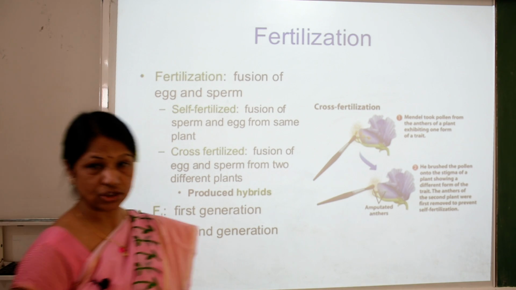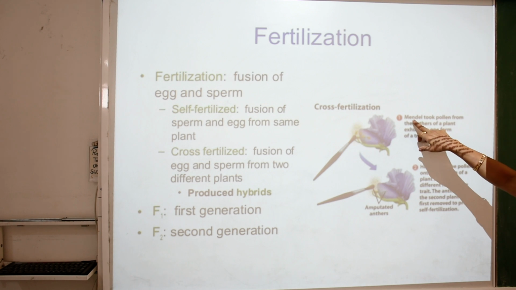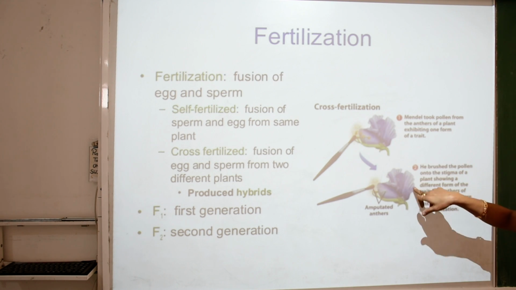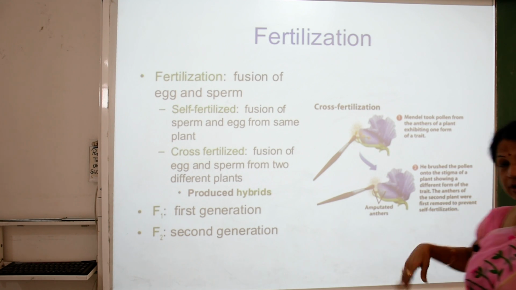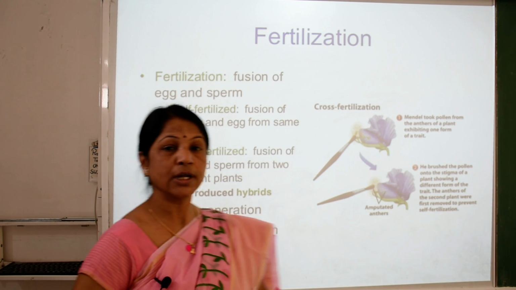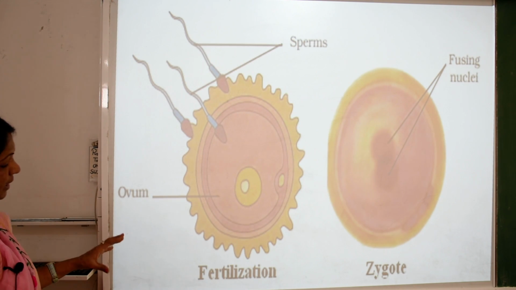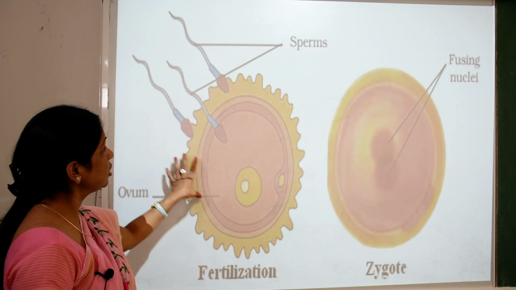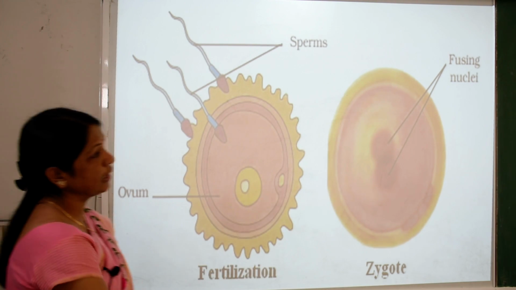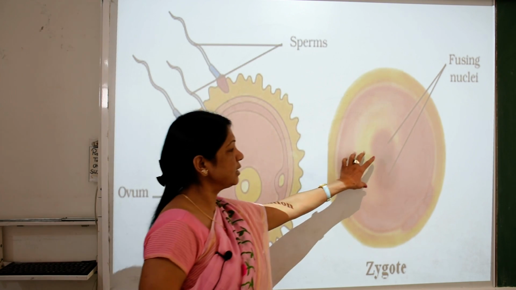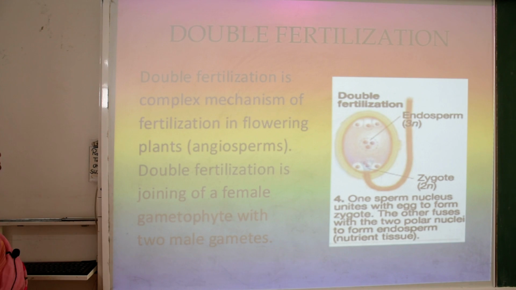Cross fertilization is shown in this picture by the flower. Now we proceed to the picture of fertilization, showing the ovum and the zygote, with fusing nuclei. Now let us see further.